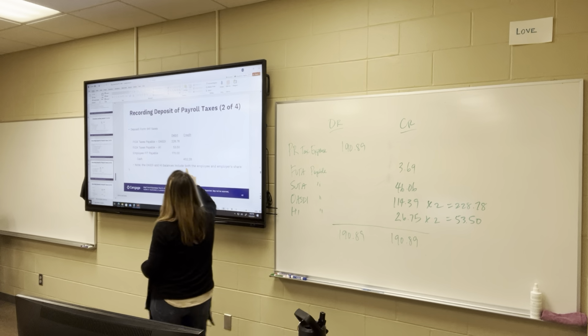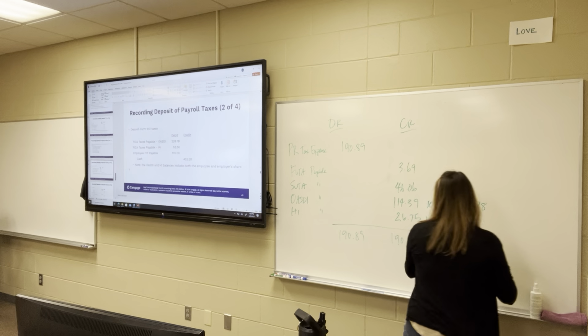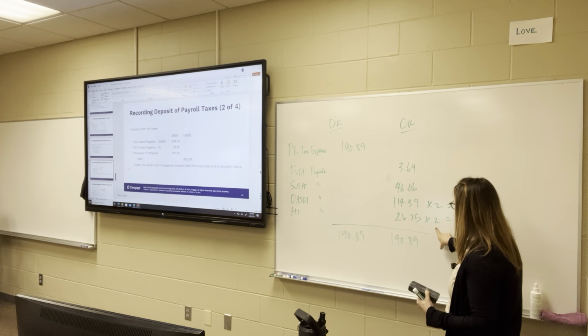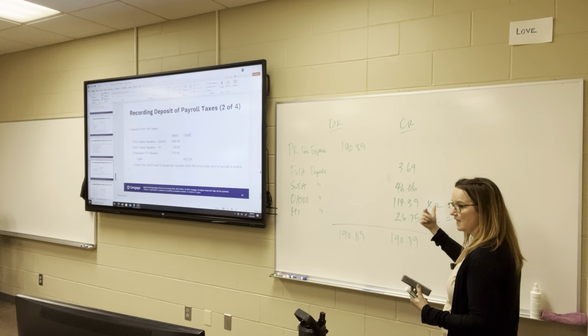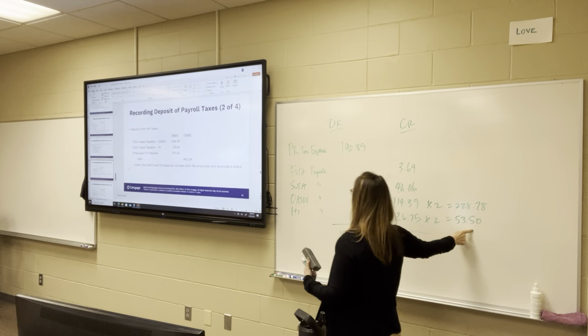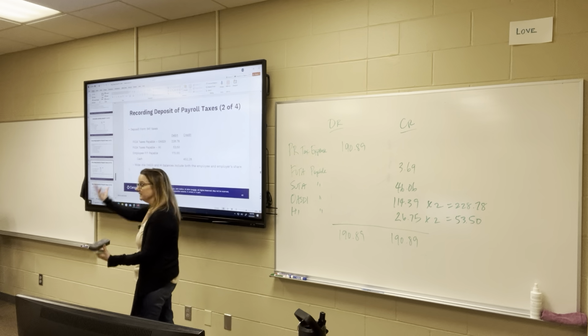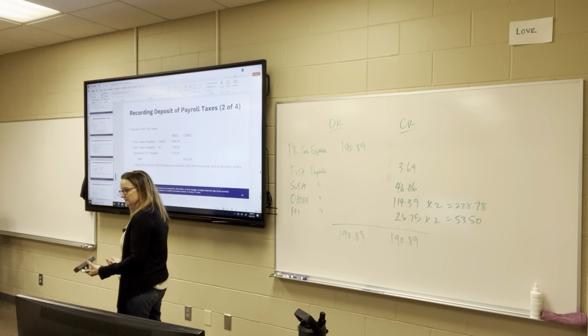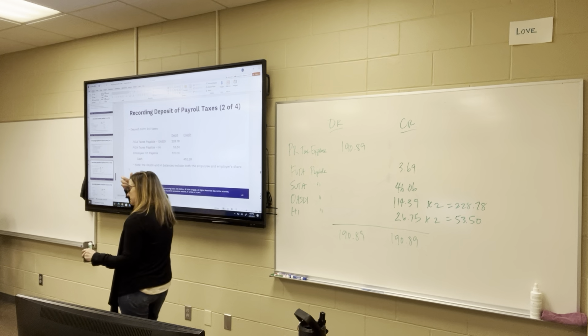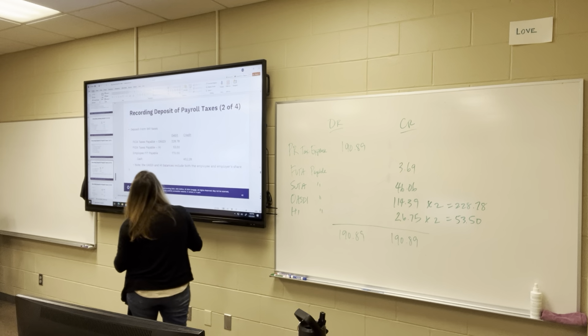Same thing for the Medicare taxes. So $53.50, that is from both journal entries that we made, the employer side and the employee side of that liability. Again, we would have a credit in that account of $53.50. So now when we're making the payment, we're going to debit it, which zeros it out, because we've got $53.50 on both sides, so our total is zero.